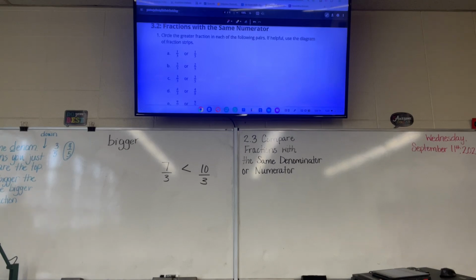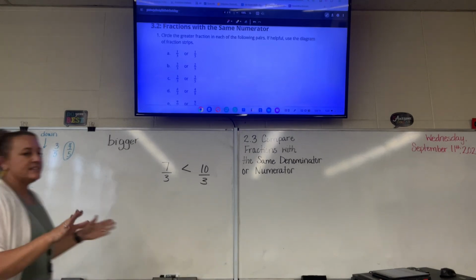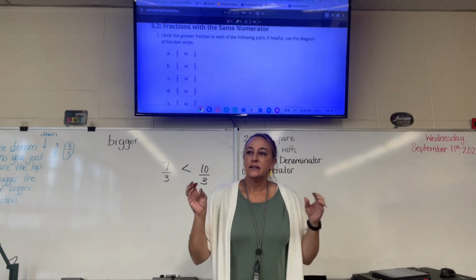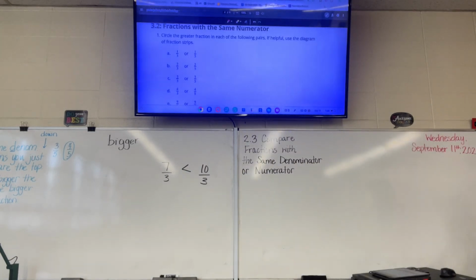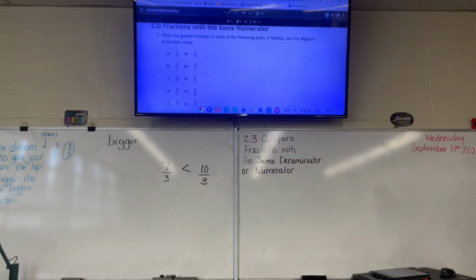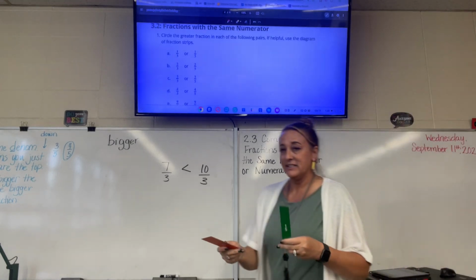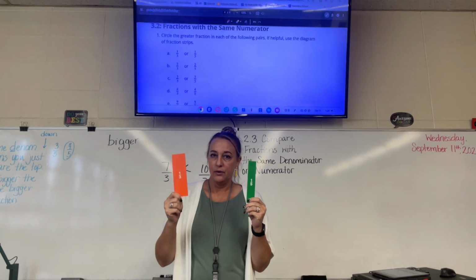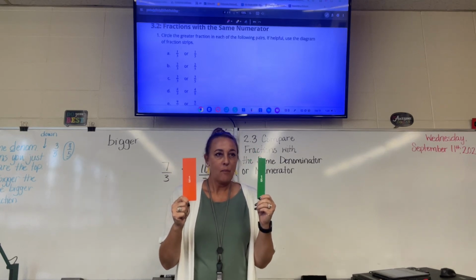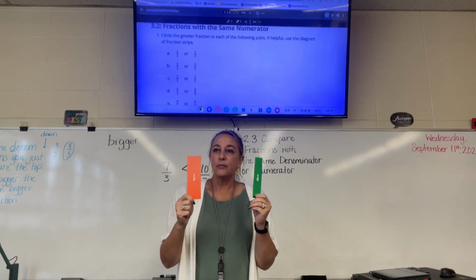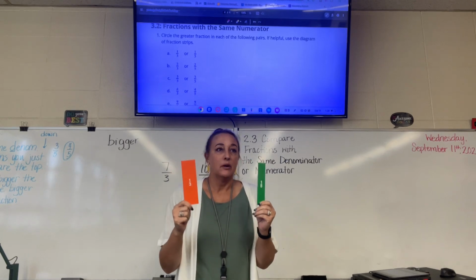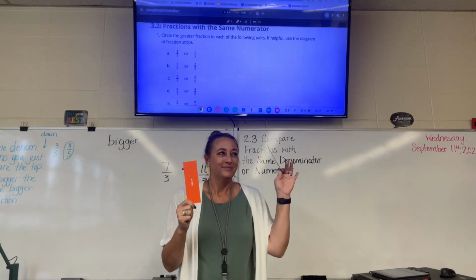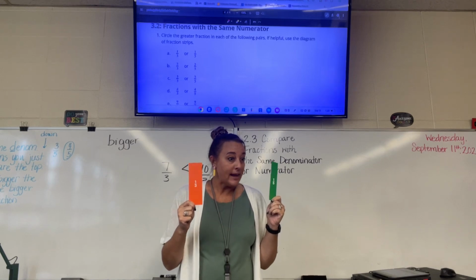Okay, here we go. So now that the denominators are different, the sizes of the parts are different. So we have 1/3 or 1/5, right? Yes. So now we're talking about different sizes. So 1/3 or 1/5. Now, normally, which is a bigger number, 5 or 3? 5. 5 is bigger, right?